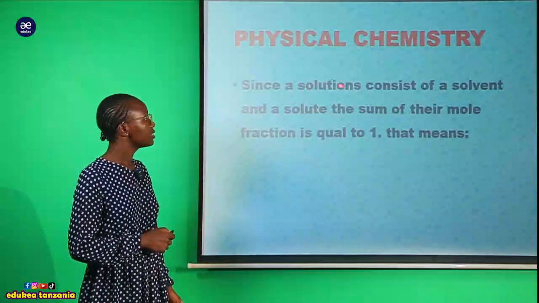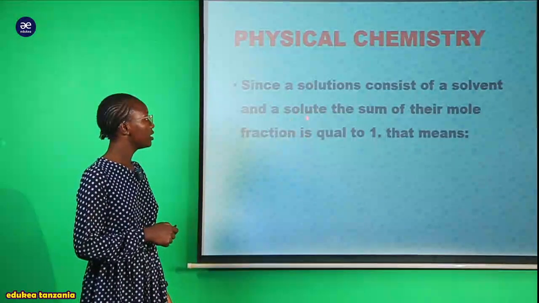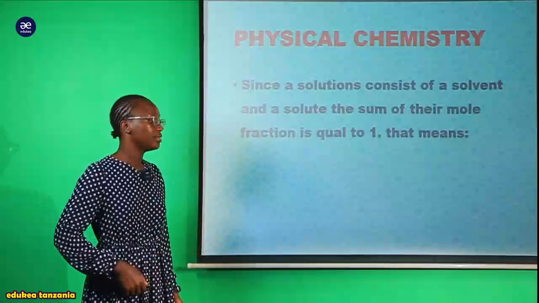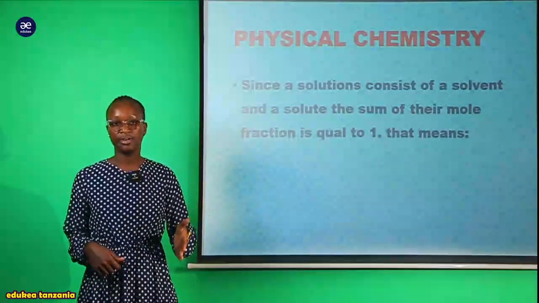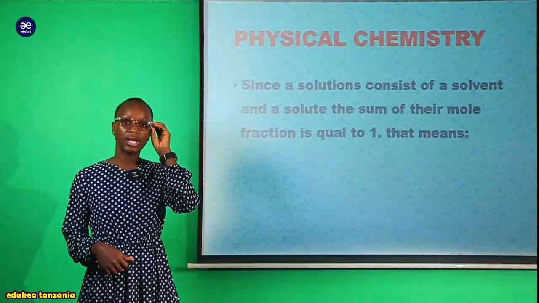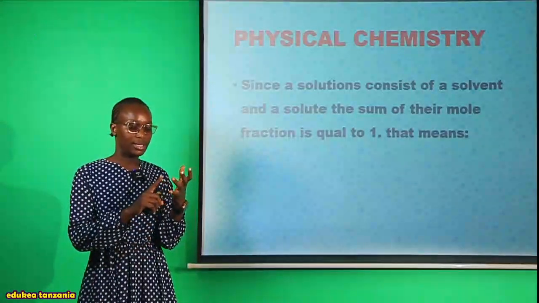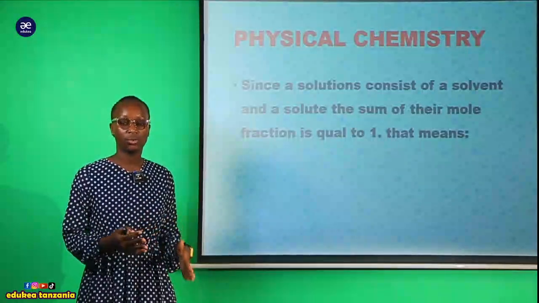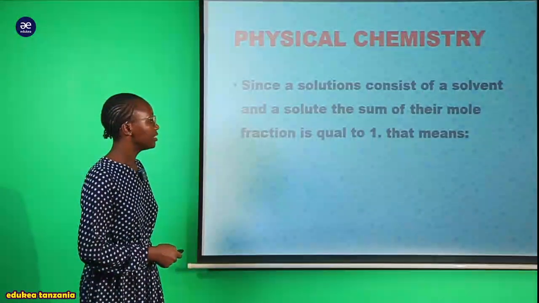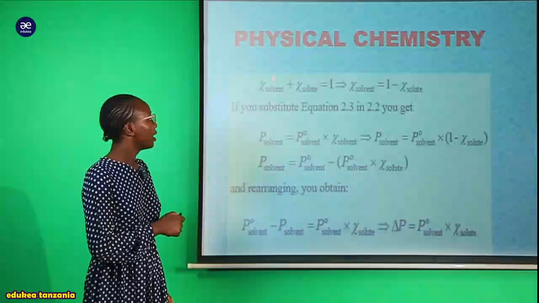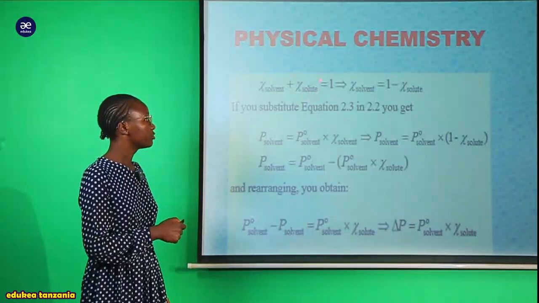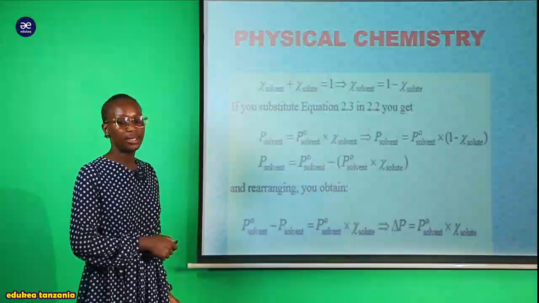Okay, now since a solution consists of the solvent and the solute, the sum of their mole fraction is equal to 1. That means tutaona hizo derivation kwamba kama solution ina consist solute na solvent, therefore summation of their mole fraction itakuwa sasa na 1. This means that mole fraction of the solvent plus mole fraction of solute is equal to 1.